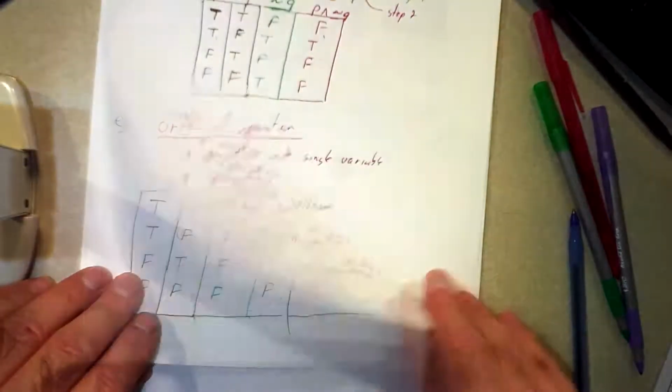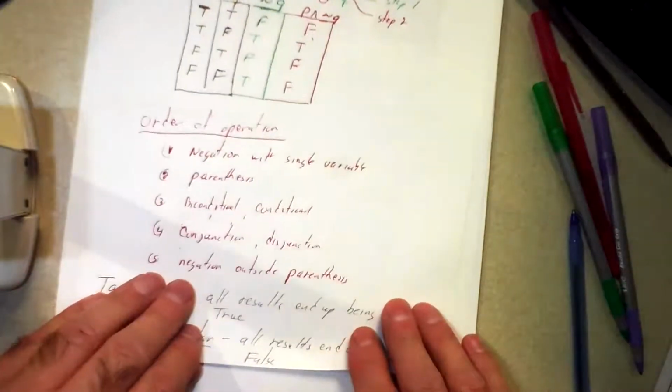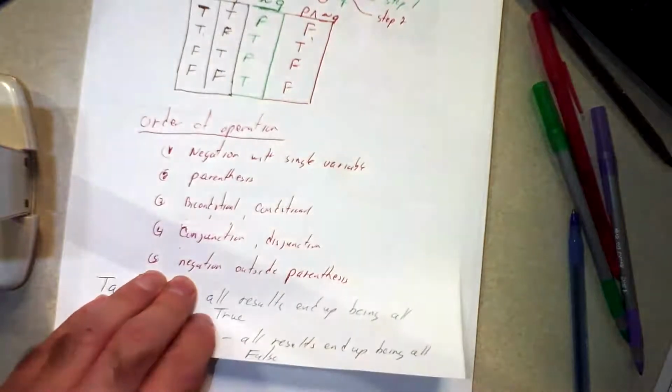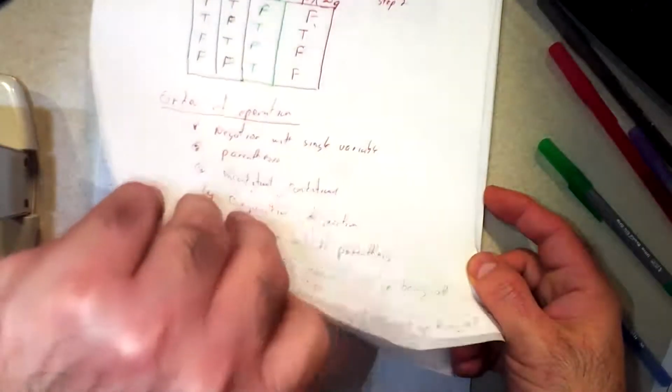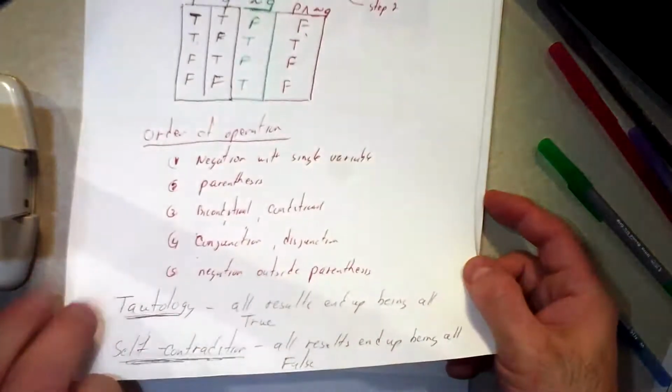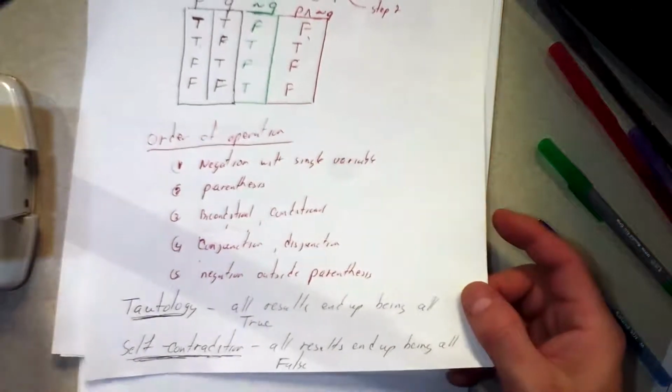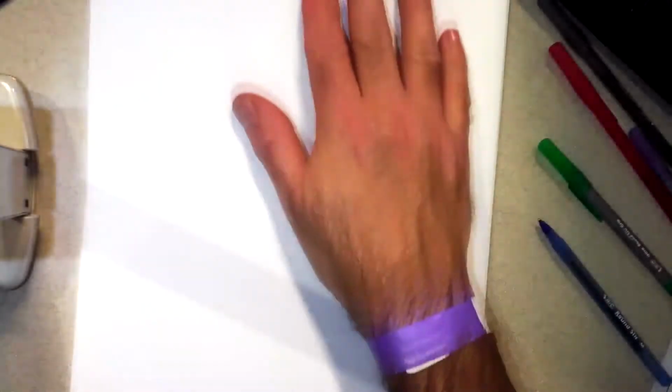All right, so now we're ready to do one. We're going to do a whole bunch of examples. You get your color markers and get your handout and your stickies. And we're going to try some. Here we go. Let's do a truth table.